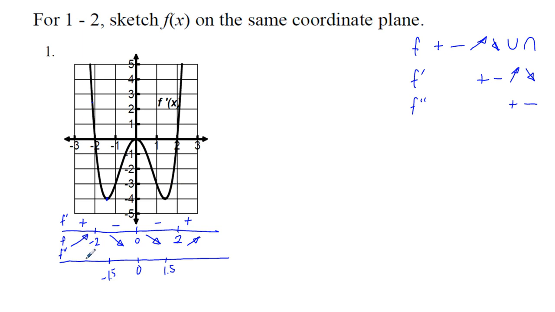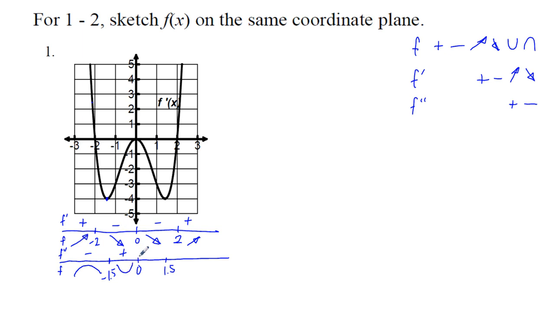Where f prime is decreasing, right here, we put a negative sign because our underlying function is concave down. Between -1.5 and 0, f prime is increasing, so that's going to be positive concavity, concave up.